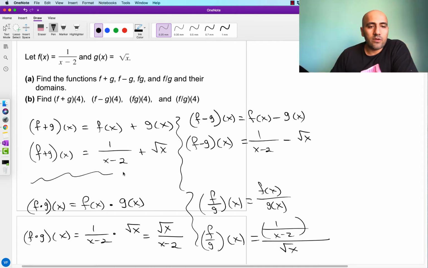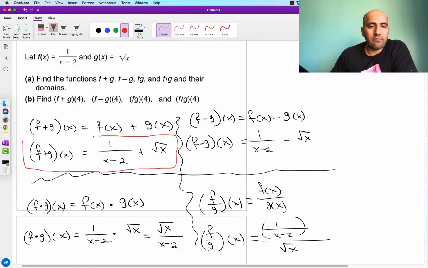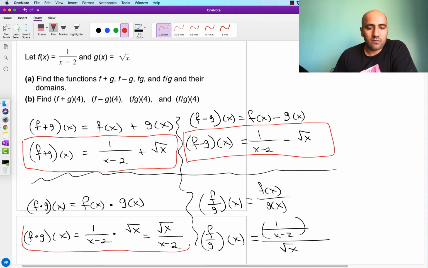Right, so in each one of these cases, we have 4 unique functions that we've identified, and I'm not going to bother to simplify them, but I think the point is made of how you would arrive at these new functions.